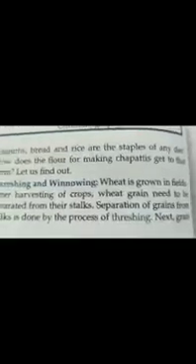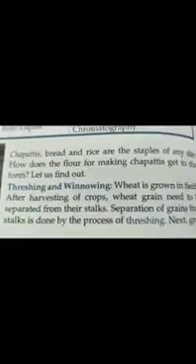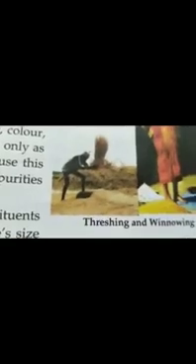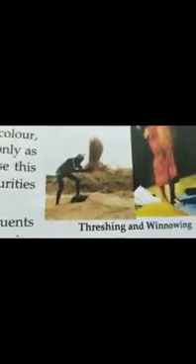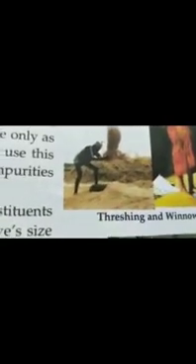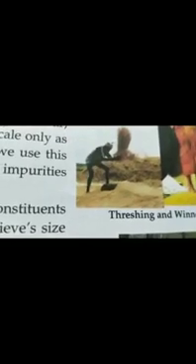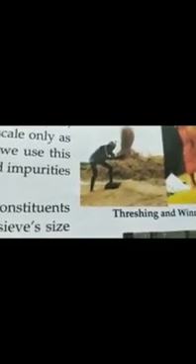The separation of grain from stalks is done by the process of threshing. You see here the laborer is threshing the wheat to separate it from the chaff.